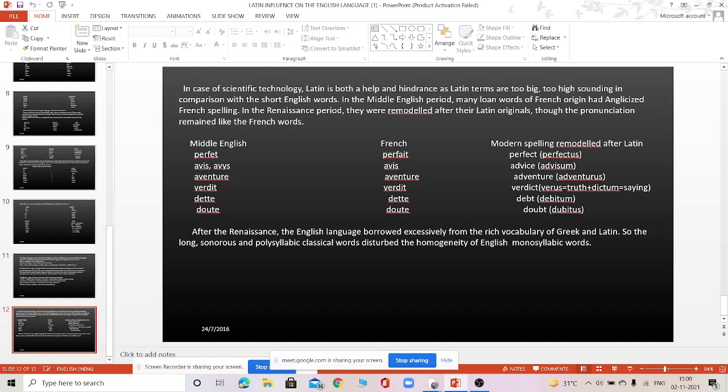So here this C comes in from dictum, the C is inserted here. Dette, again the word of French origin was dette, debt, debitum means debt in Latin. So this B is introduced here. The B was not there originally in either Middle English or in the French version. Doute, doubt. So dubitus, it means a doubt in Latin.